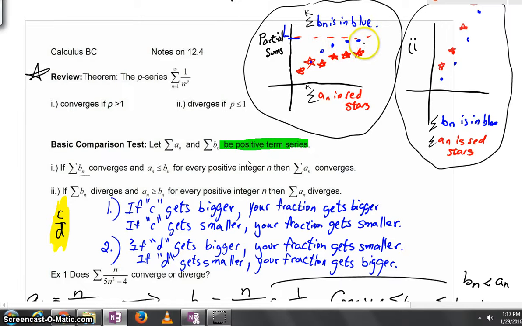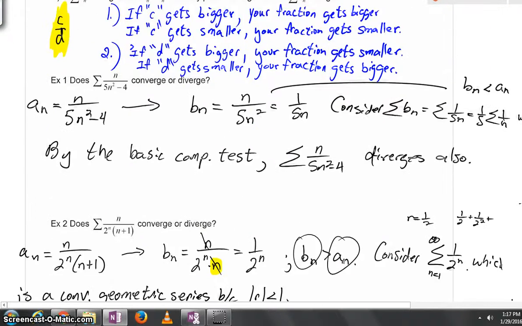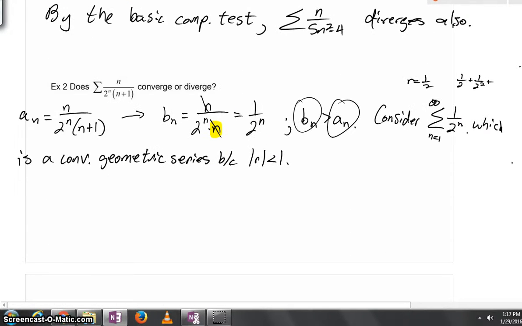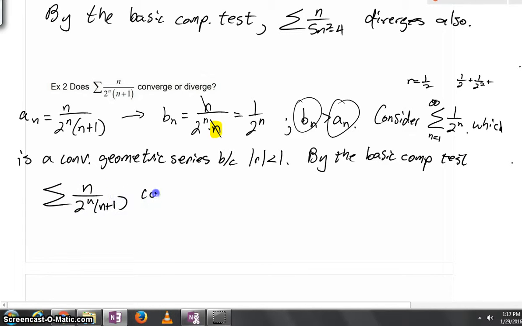It's going to level off. It's going to converge. But a sub n is always going to be smaller. I don't know what it's going to flatten out towards, what it will converge to, but it must converge. I can say by the basic comparison test, this original series converges also.